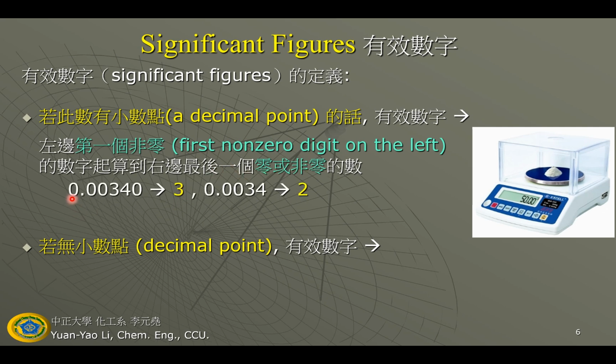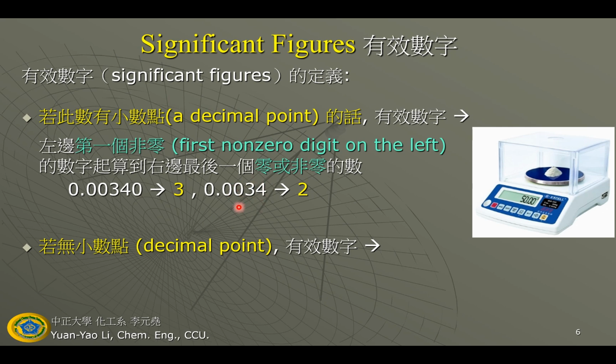This number has a decimal point, so you count from the first non-zero digit on the left, which is 3, and count to the right, zero or non-zero. So here 1, 2, 3. You have 3 significant figures.